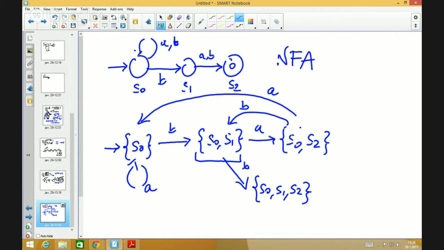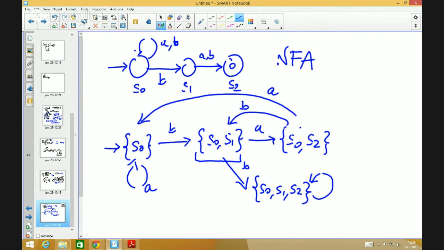Now I think you can start to appreciate why NFAs are nice when you want to specify this language. So if you are anywhere and you read a B, where can you go afterwards? If you are in S0 or S1 or S2 and you read the B, you can go anywhere, because already from S0 and S1 you can go anywhere by reading a B. S2 doesn't matter because you can go nowhere.